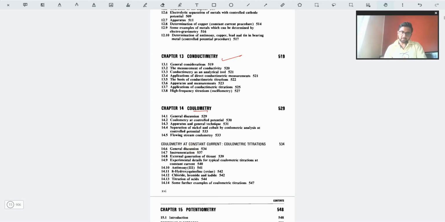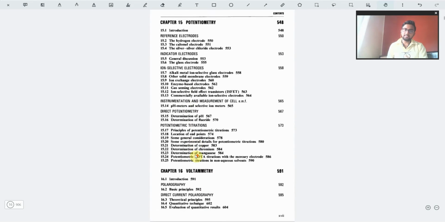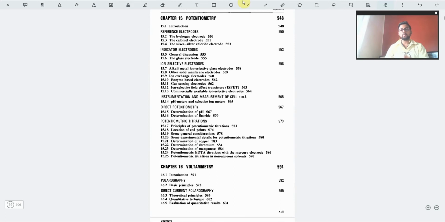Then we have potentiometry, which is an extremely big part of electronic methods of analysis. We have to learn about reference electrodes like the hydrogen electrode, calomel electrode, the indicator electrode, the glass electrode, and ion selective electrodes, selected depending on what kind of ions we are dealing with.